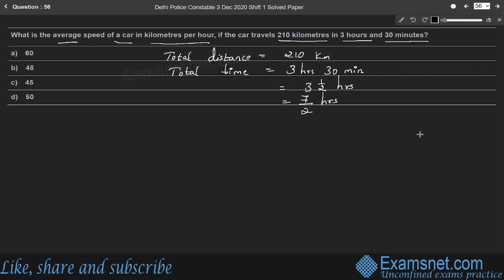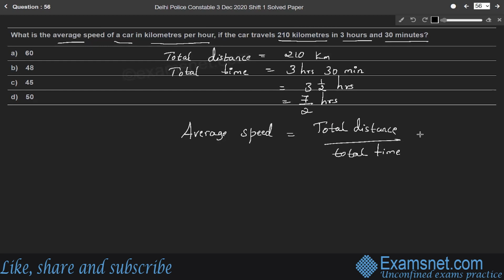Right. So we have to find average speed. So the formula for average speed is, for speed it is distance by time. For average speed it is total distance by total time.